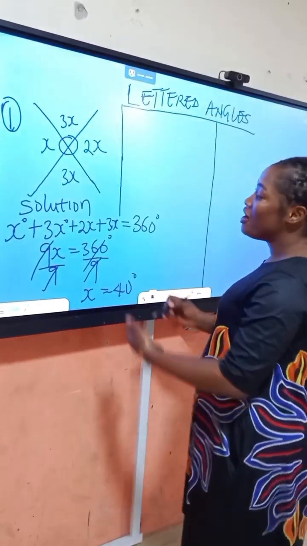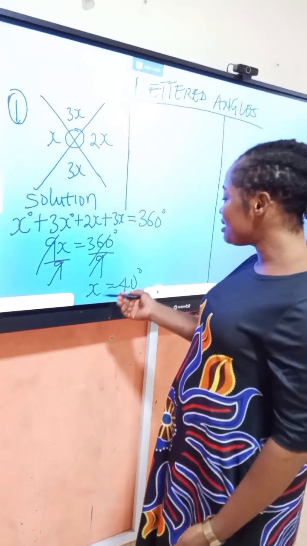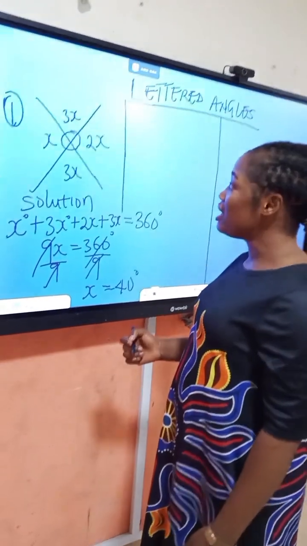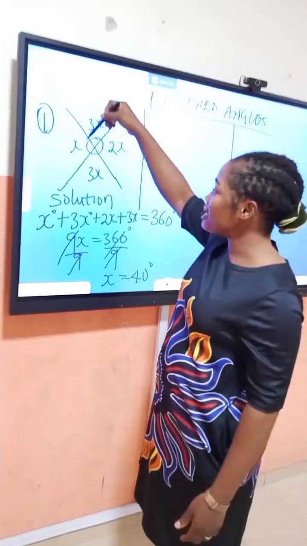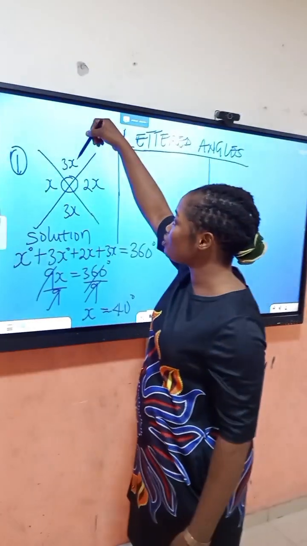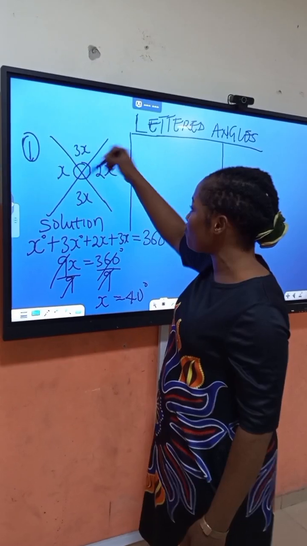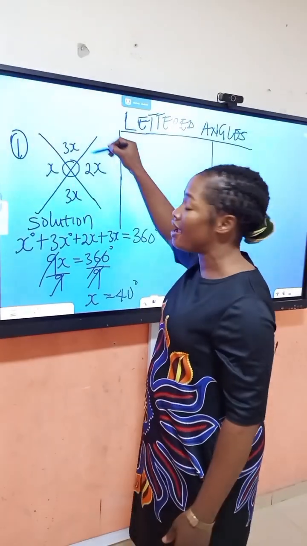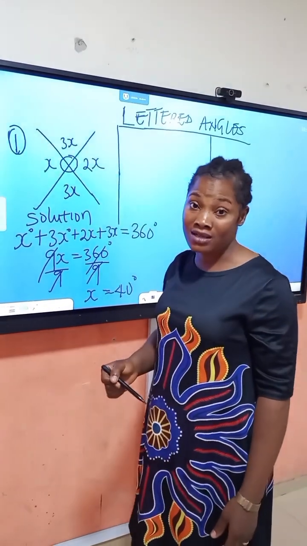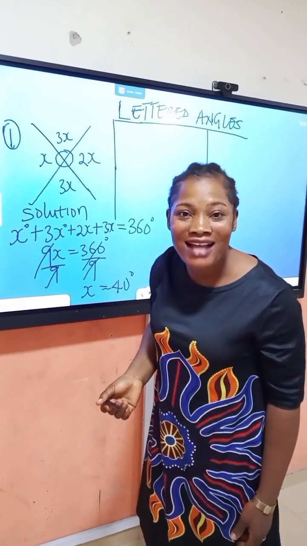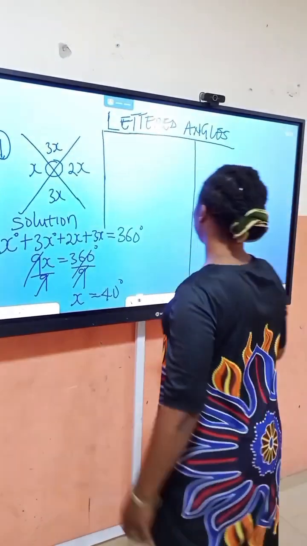What does that mean? Since x is equal to 40 degrees, if I substitute x for 40 everywhere here and add everything, they are all going to give me 360 degrees. Should we check for that? Yes, let's try that.